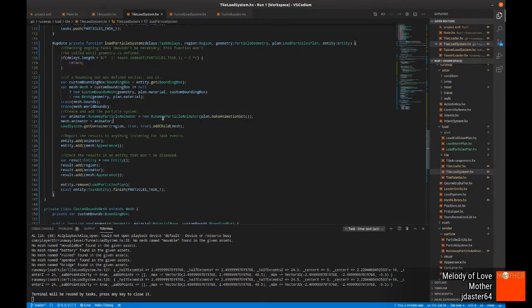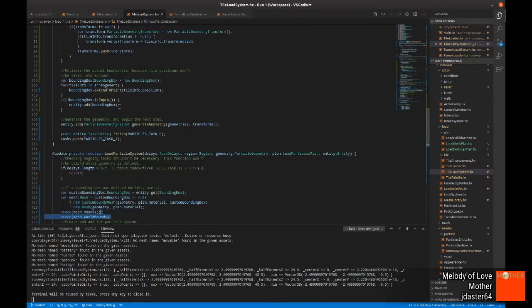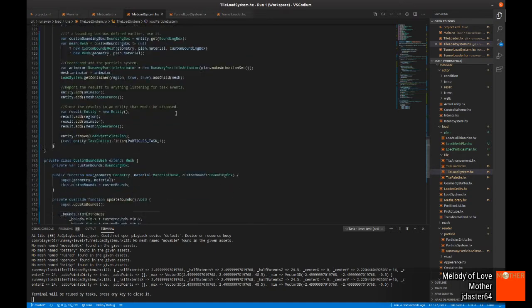So based on... we don't need... do a little cleanup here.